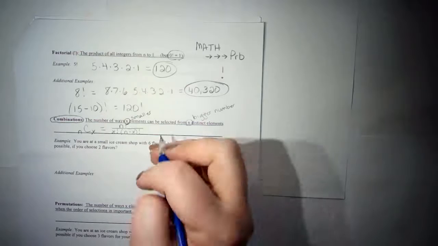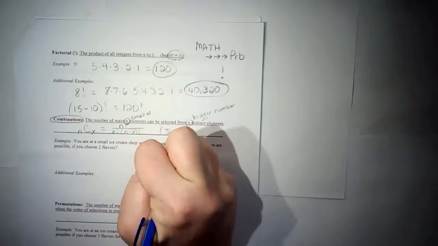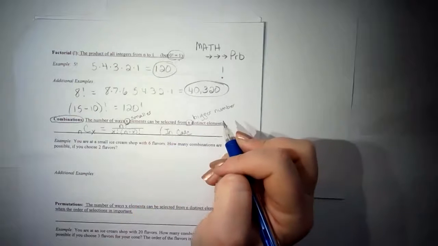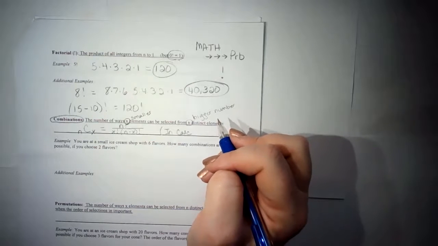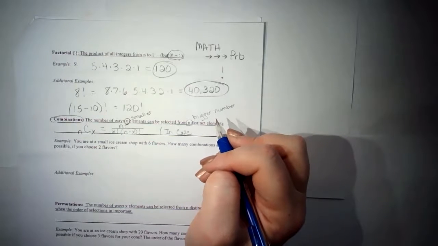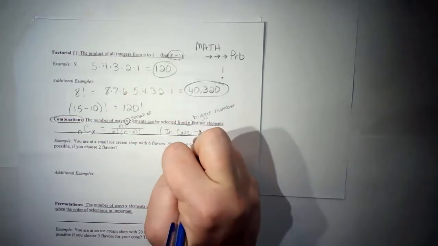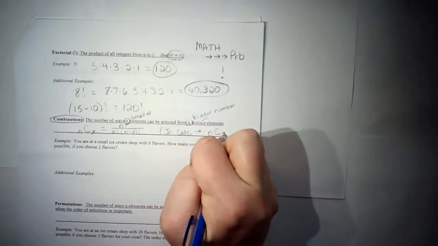If you mix them up and put them in the wrong order, you're going to get the wrong answer, so be really careful about that. In your calculator, it doesn't say nCx because the calculator doesn't like to use x unless it's graphing. It gets a little funny about it. So in your calculator, it's actually nCr. The r has been replaced.